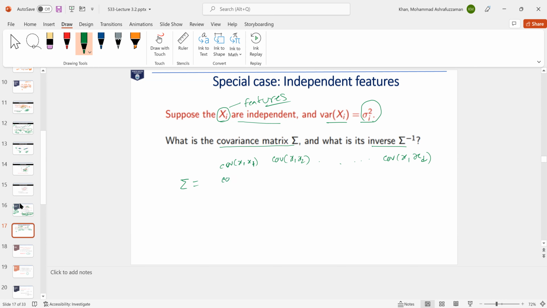The second row should be covariance of x2, x1, covariance of x2, x2, until covariance of x2, xd. For the third row, it should be covariance of x3, x1, covariance of x3, x2, covariance of x3, x3, until covariance of x3, xd. Finally, covariance of xd, x1, until covariance of xd, xd.